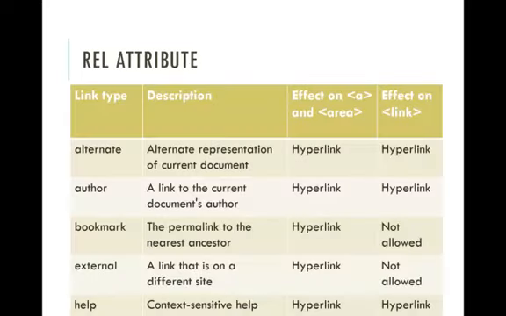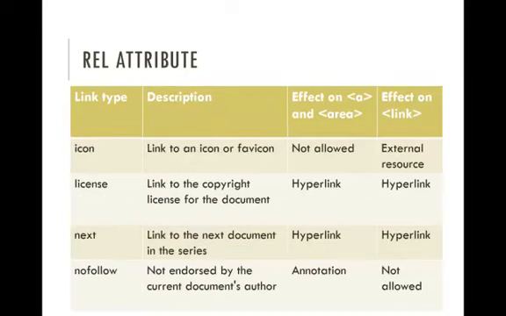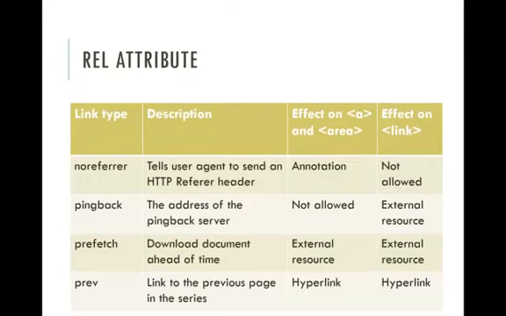And the REL attribute can be an alternate, an author, a bookmark, external, or help. You can also insert with the REL icon, license, next to go to the next document in the series, or nofollow. And lastly, we have noreferrer, pingback, prefetch, and prev.